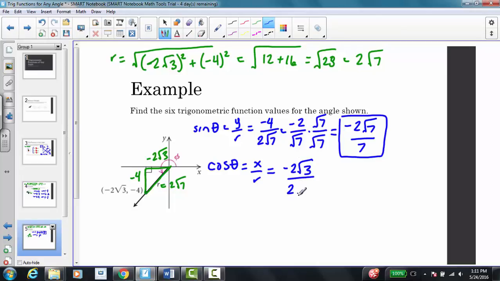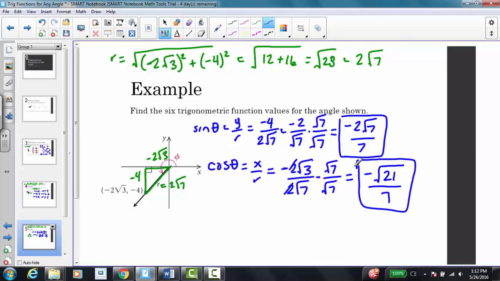My r is 2 root 7. My 2's are going to cancel. So again, I don't want to leave that radical in the denominator, so multiplying both top and bottom by root 7, I now have negative root 3 times root 7, which is negative square root 21, over root 7 times root 7, which is just 7.